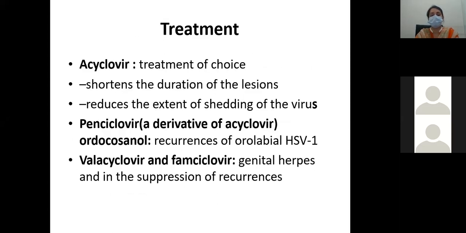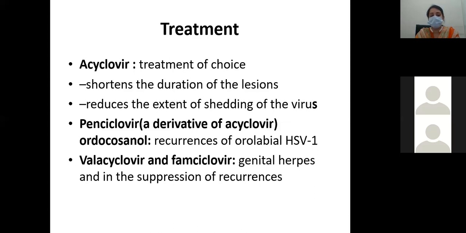Okay, then what is the treatment? We use antivirals like acyclovir, which is the treatment of choice, and it shortens the duration of the lesions and reduces the extent of shedding of the virus. Second is penciclovir, a derivative of acyclovir.